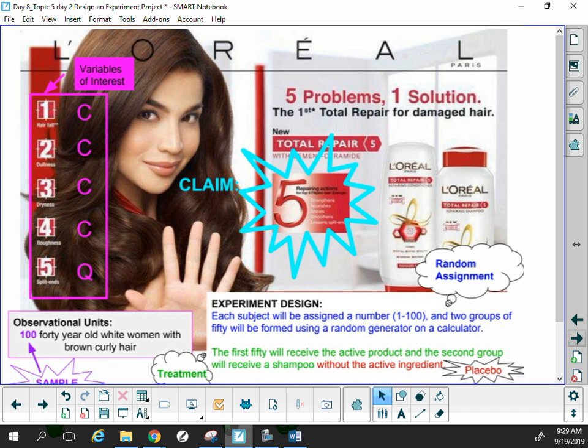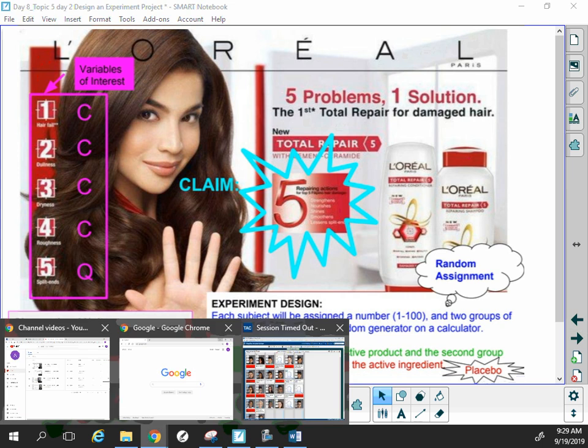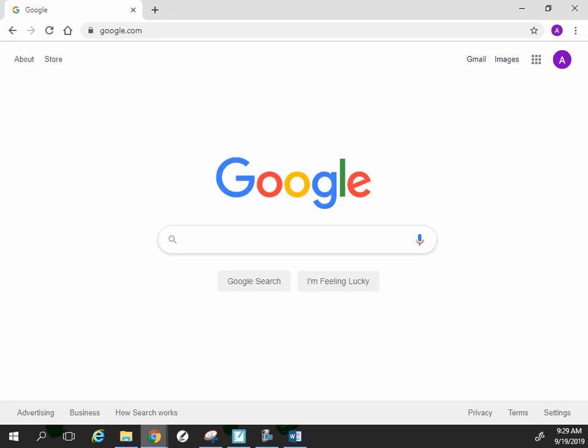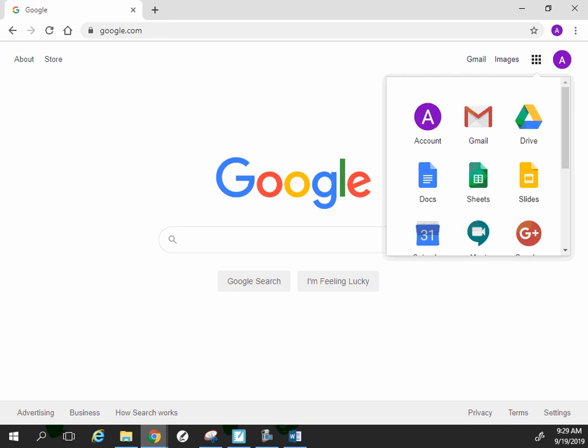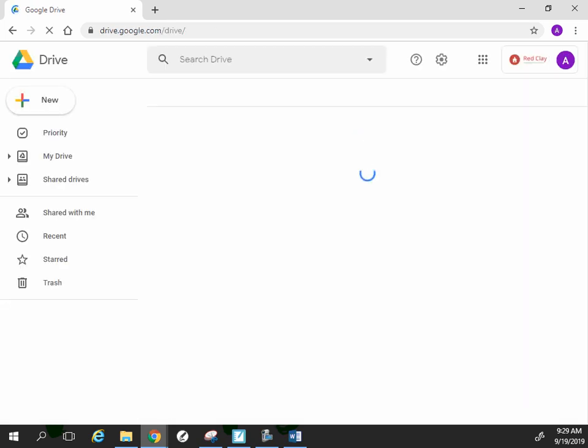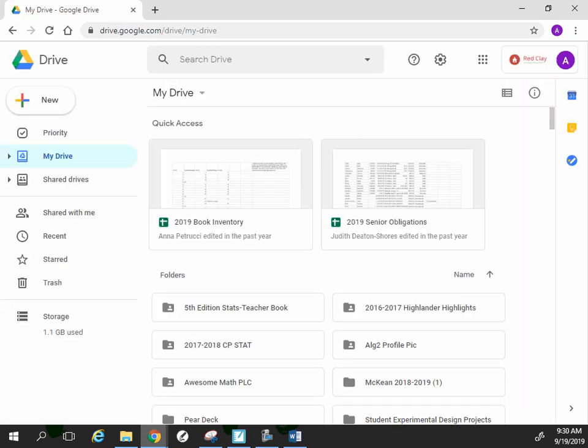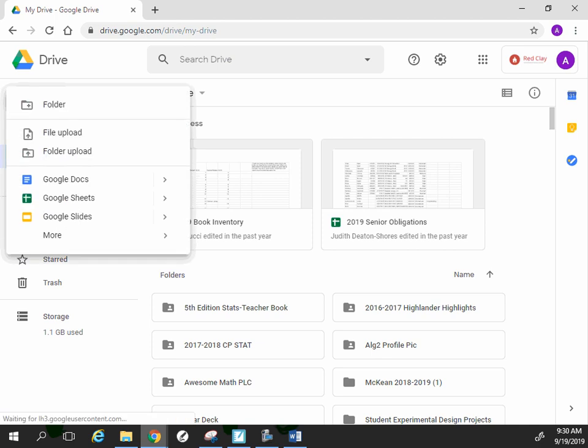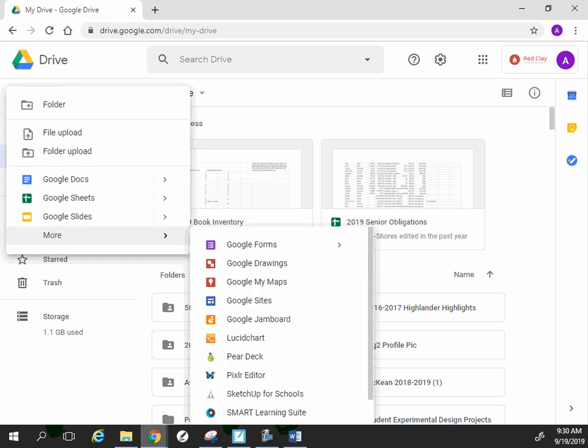So I just found this ad online and I copied and pasted it. And I was able to make it pretty. The way I did this is I used Google Pictures. So if you go into your Google account and you go to your Drive, click New, More, and then you can see Google Drawings.